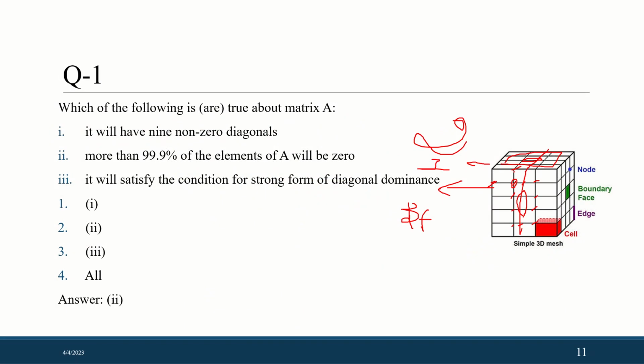So how many grid points would we have? 1 2 3 4 5, and similarly in this one 7 8 9 10, and that side 11 12. Imagine a cube, for example, imagine a cube like this.